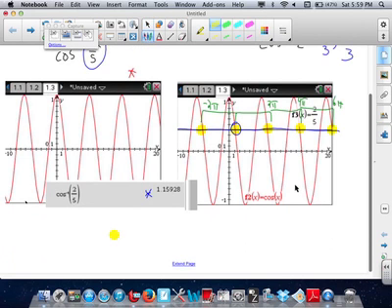For those yellow ones, which I like to call the calculator answer, we'll find the calculator answer plus 2 pi n. That will find all those spots for us.